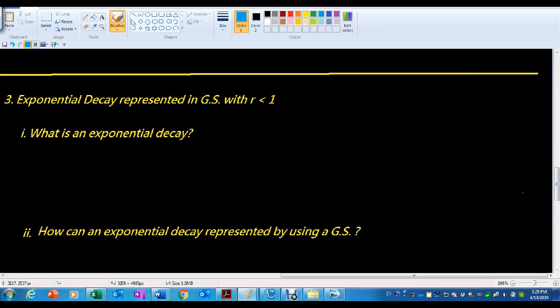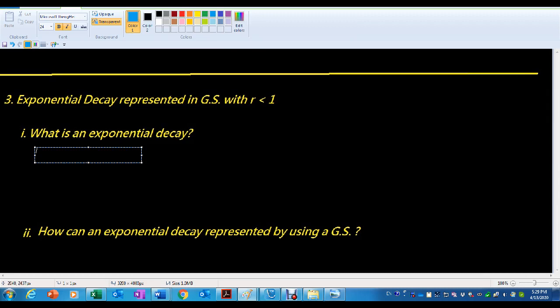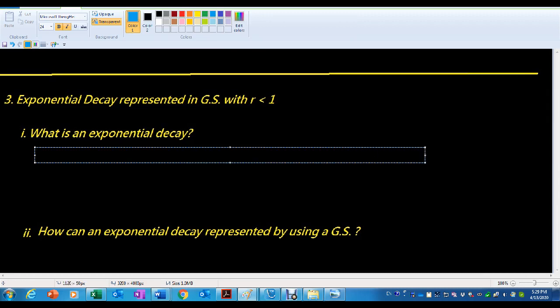Exponential decay, just like exponential growth, but with a ratio less than 1. So exponential decay means the quantity is decreased at a constant rate.